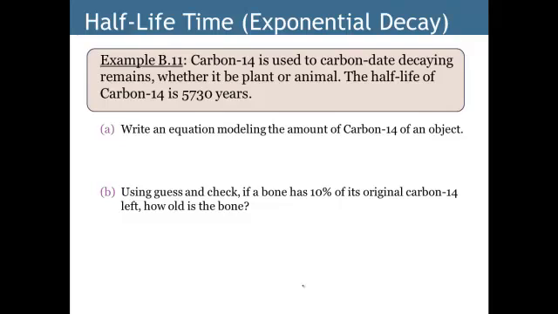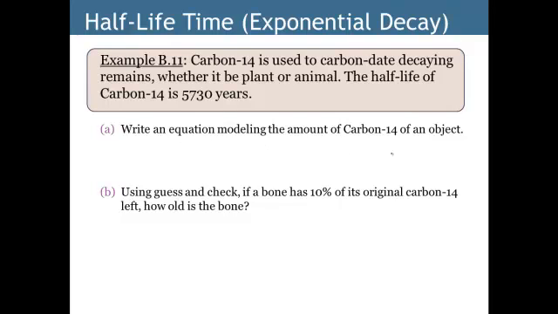And the way they do that is carbon-14 is a very stable chemical atom, if you will, and it very accurately decays with a half-life time of 5,730 years, like they say here. So knowing that, we can use that to model carbon and model how old this thing could be.